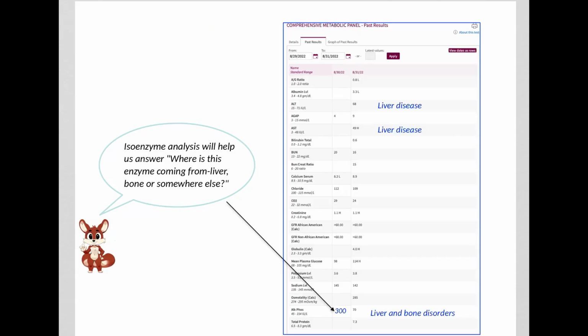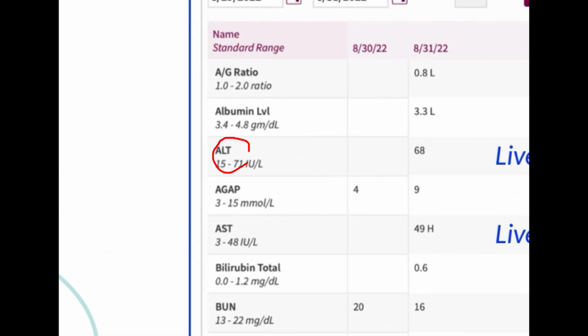So if we see an increased ALT, you can see, for example, in this report, the healthy range for ALT is less than 71 international units per liter. Okay, so the range is 15 to 71, so less than 71.